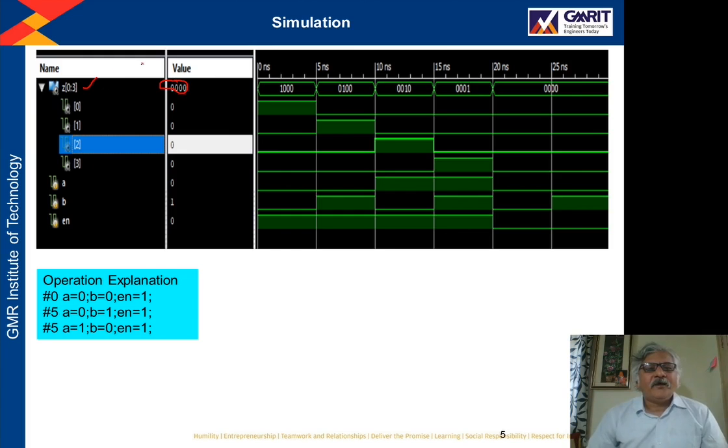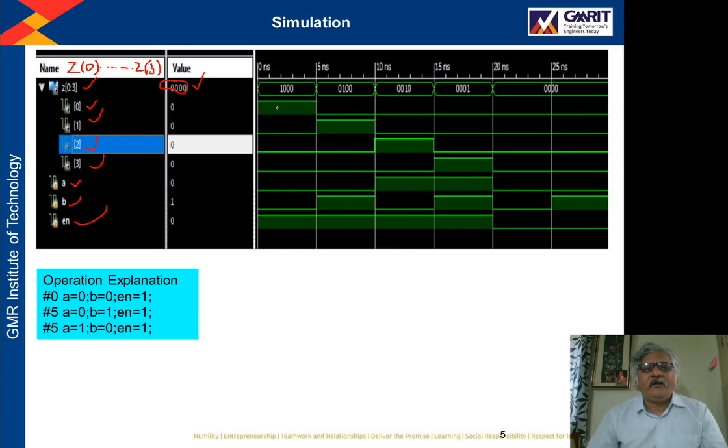This means first we are writing Z0, then Z1, then Z2, and then Z3, right? Same way the values are represented here, and if you expand this, then you can find here this is Z0, Z1, Z2, and Z3. This is A, this is B, this is enable.